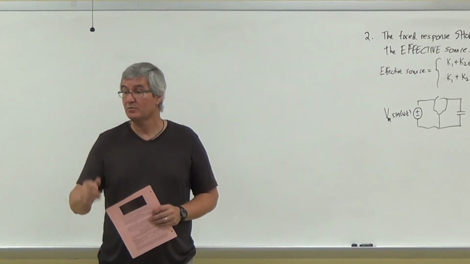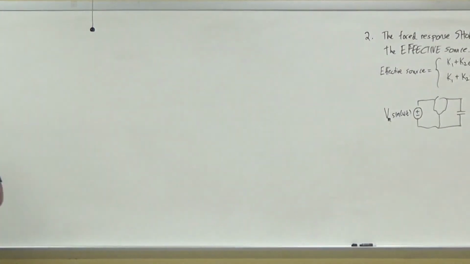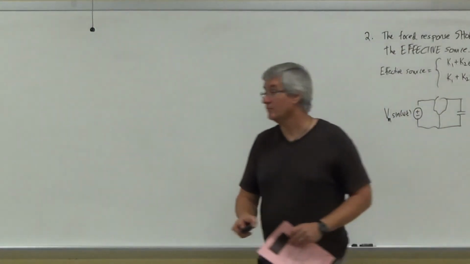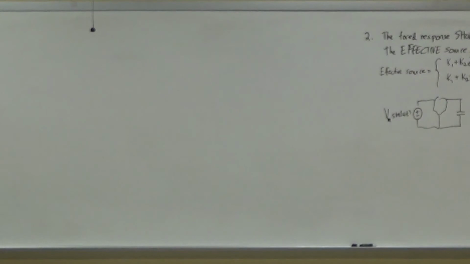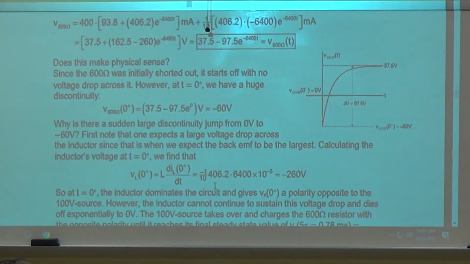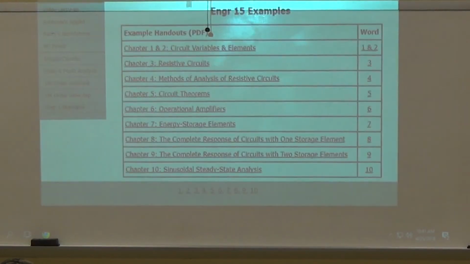Now, let me go show you where this is at. So if I come in here, what I want to do is take you to the web page, and if you look at the web page, look at this: first order time dependent. Okay?